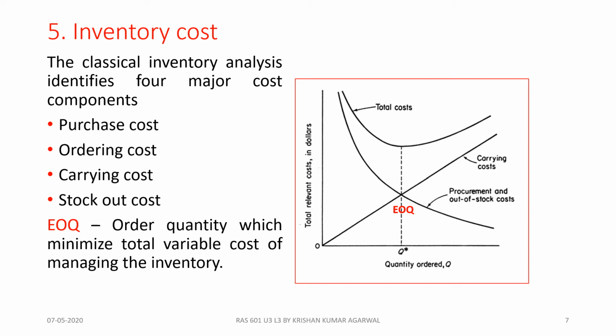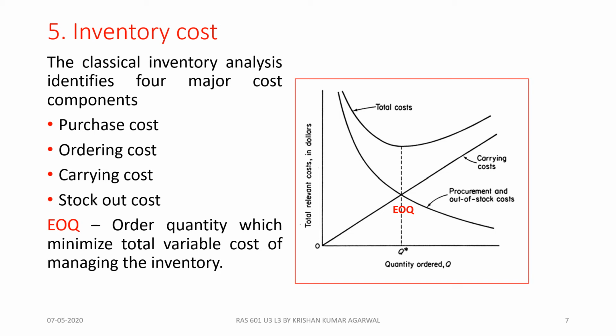For example, if 20 units of raw material are taken from the farmer or from the vendor by the manufacturer at 50 rupees per unit, then it may be possible that by acquiring 100 units of the same material from the vendor, the vendor can provide it, say, for 49 rupees 50 paisa per unit.